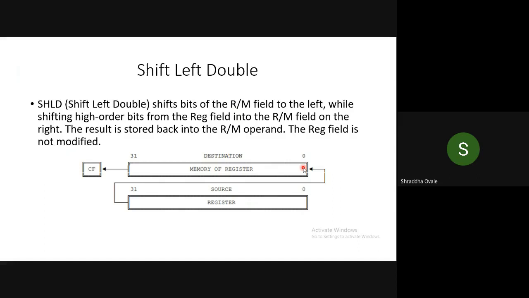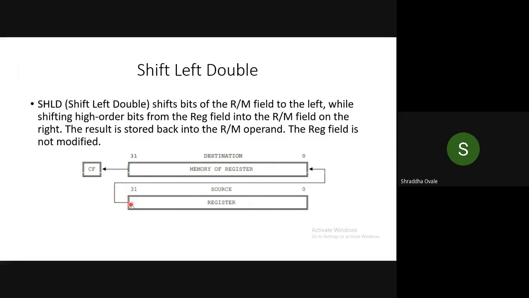Okay. Now over here CF is nothing but your carry flag. What this carry flag will do, now we will see. Okay. Now the shifting will take place from the source. It will shift the bits of the register or the memory field to the left. See, this is the source.